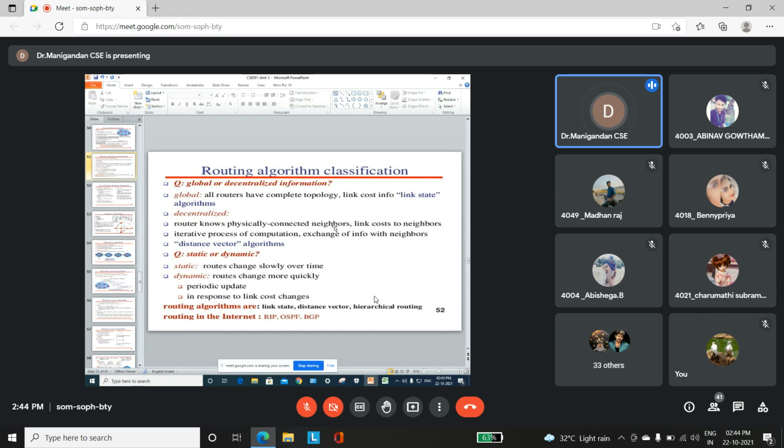Once one cycle is completed, the value of i will be incremented. Likewise, the iterating process is executed in the distance vector algorithm.